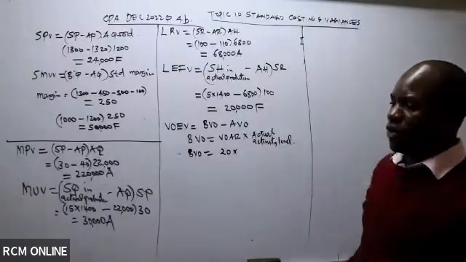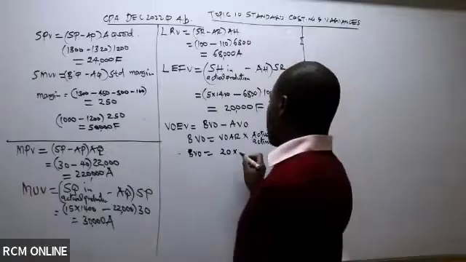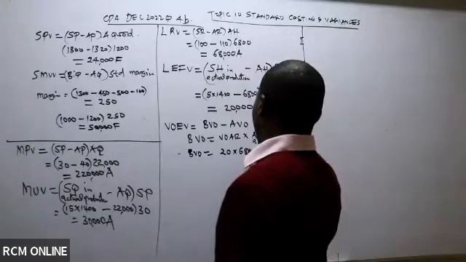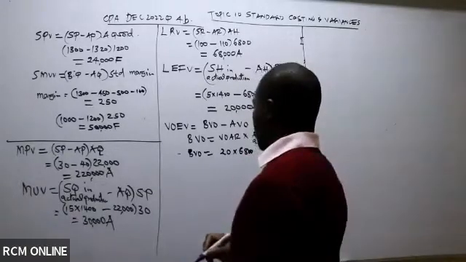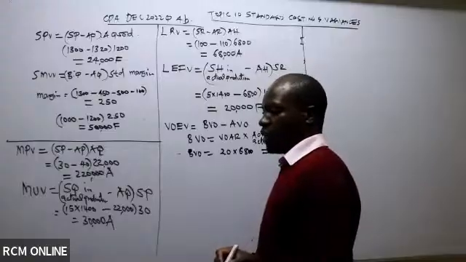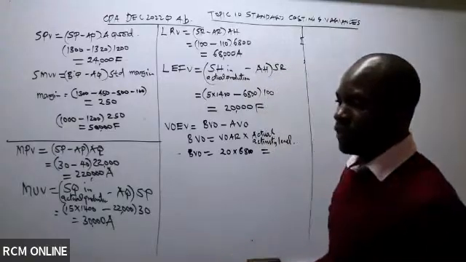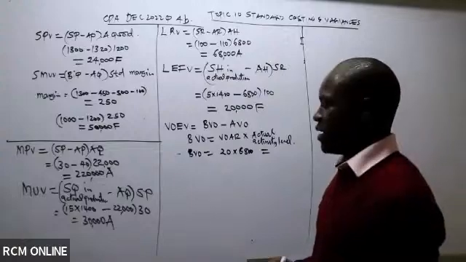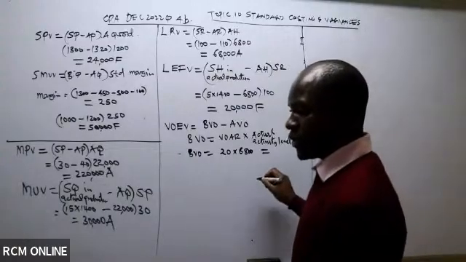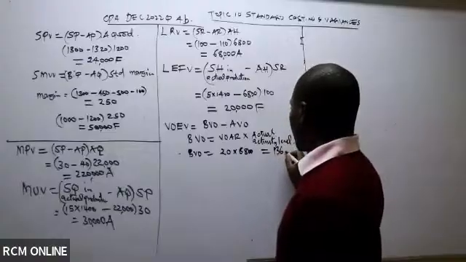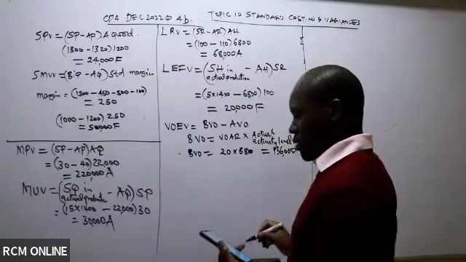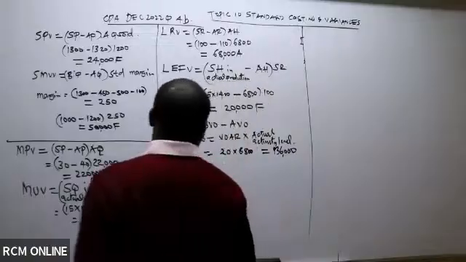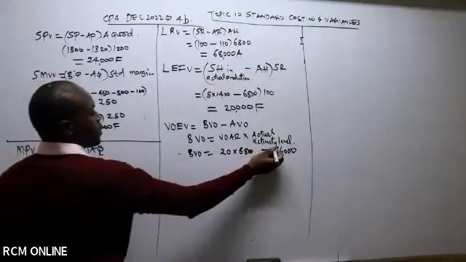So what is actual labor hours? 6,800. What is your budgeted variable overhead? 136,000. So we have 136,000 as the budgeted.